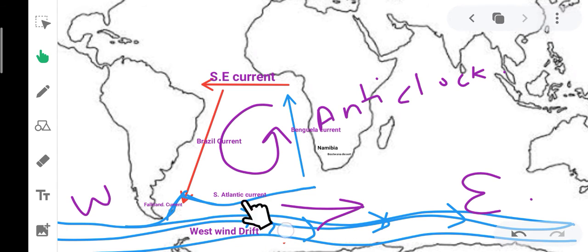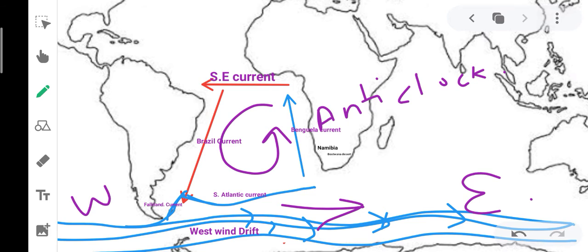It is much stronger because of the immense volume of water mass and high velocity of the wind. One should also note that westerlies at different latitudes are called by different names. At 40 degrees it is called the roaring forties, at 50 degrees the furious fifties, and at 60 degrees the shrieking sixties.